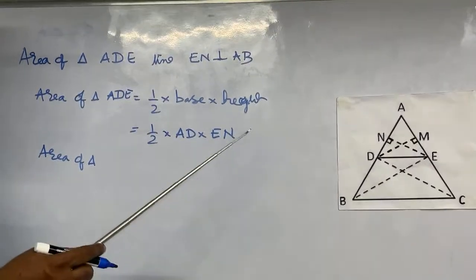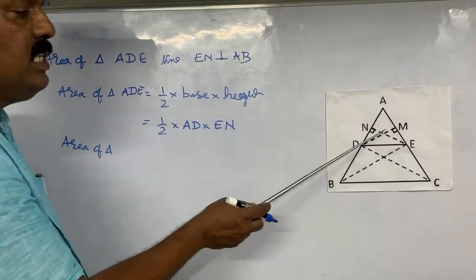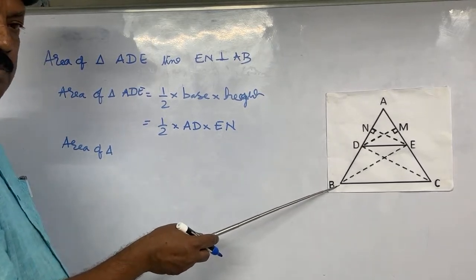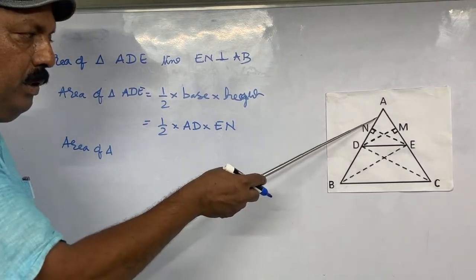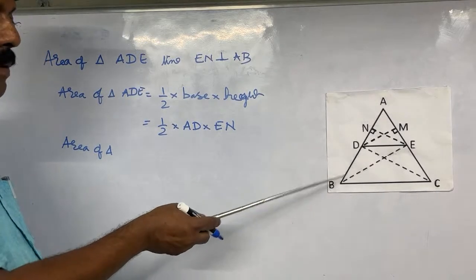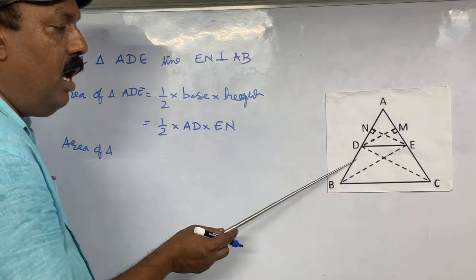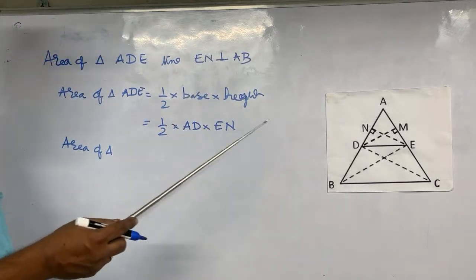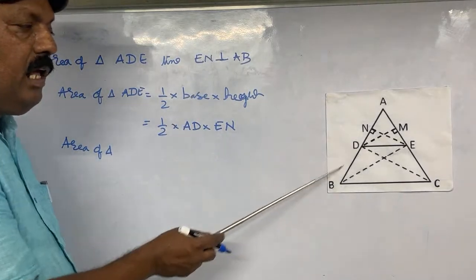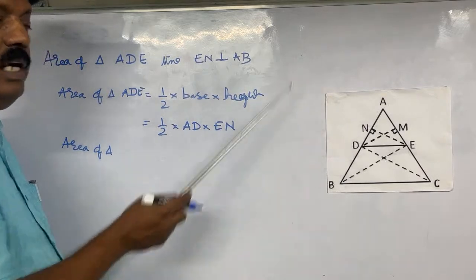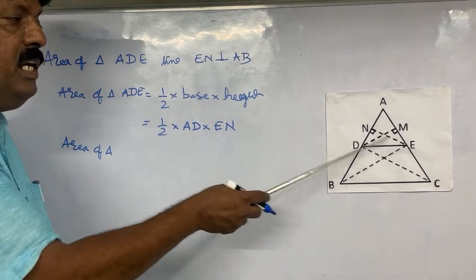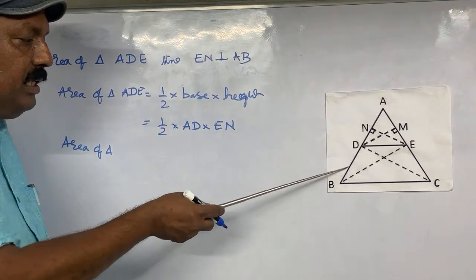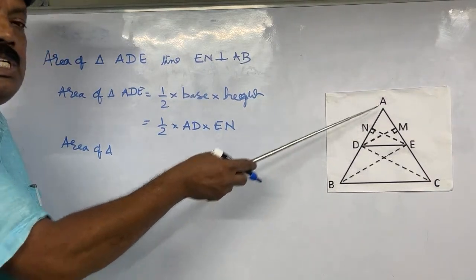Don't be confused. Why? Because EN is a perpendicular line for the total AB. So the height of the triangle BDE is also EN, because EN is perpendicular to the total AB, not just AD.